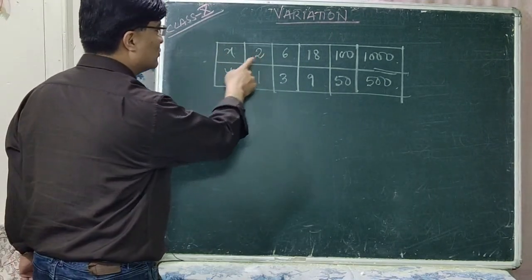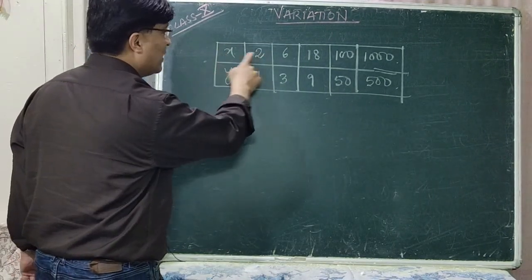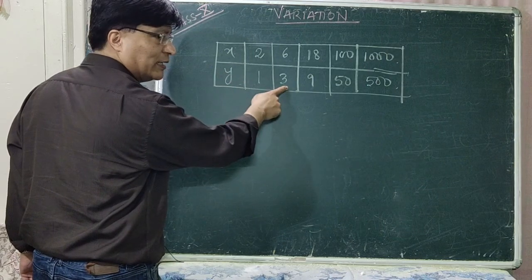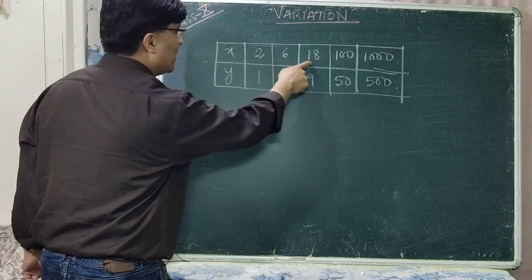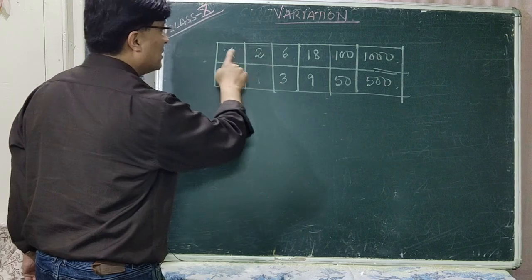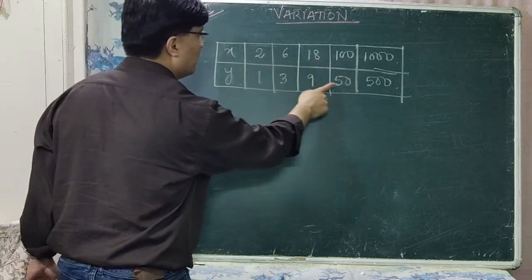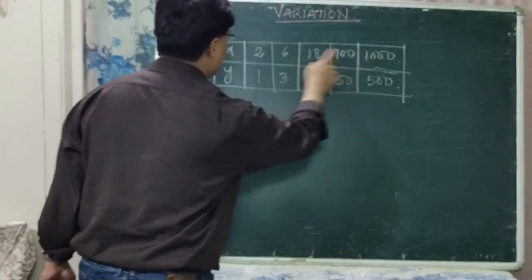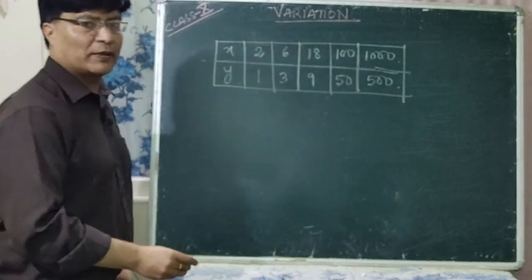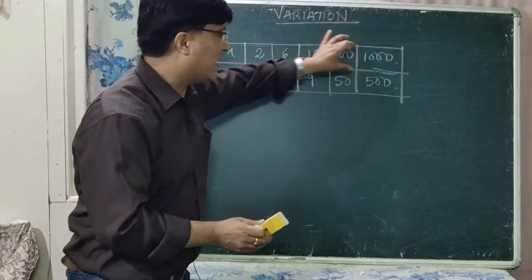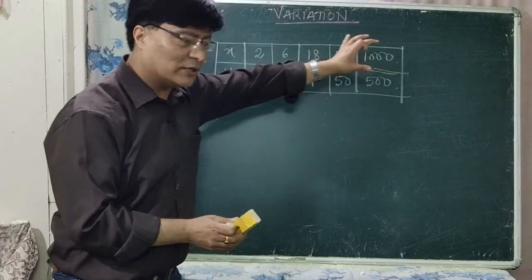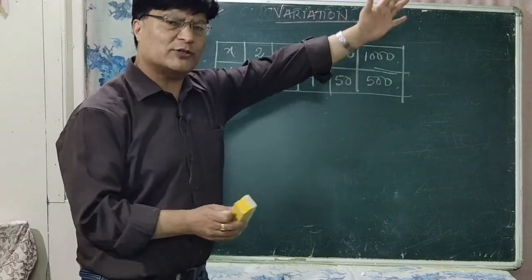If x is equal to 2, then y is equal to 1. If x is equal to 6, then y is equal to 3. Is that clear? If x is equal to 18, then y is equal to 9. If x is equal to 100, then y is equal to 50. If x is equal to 1000, then y is equal to 500. If the value of x increases out here, the value of y will also increase.